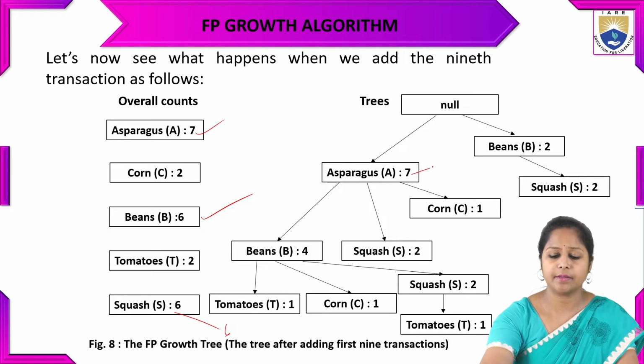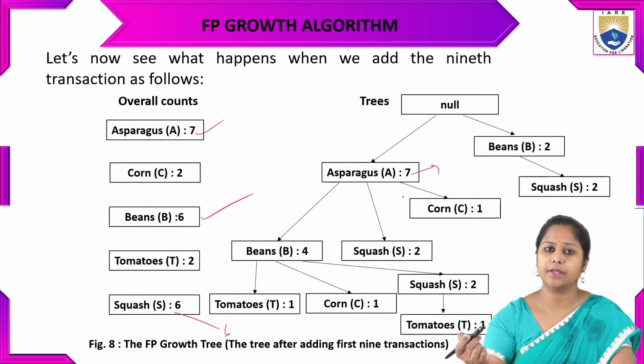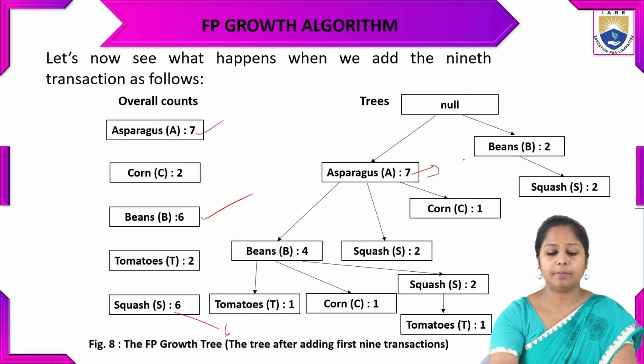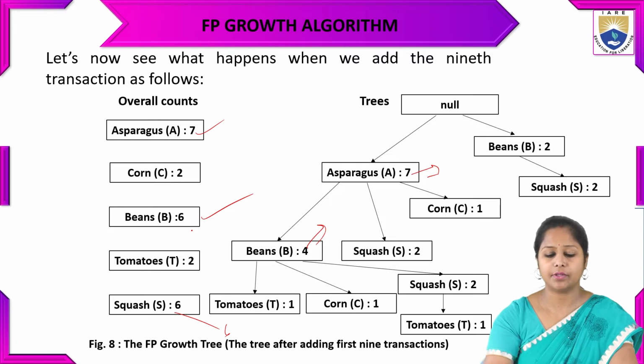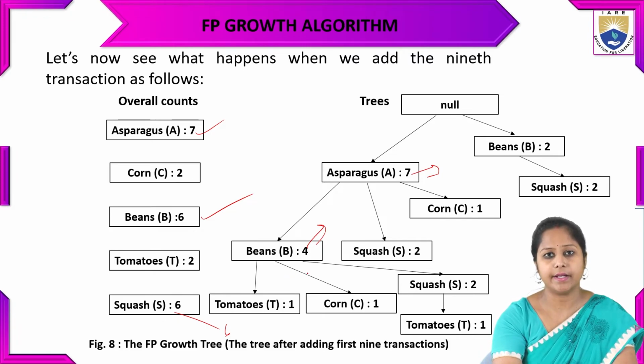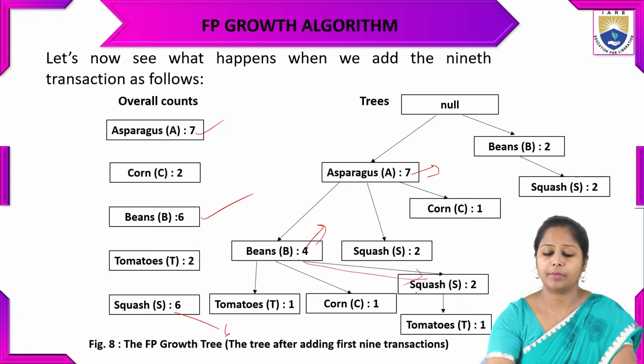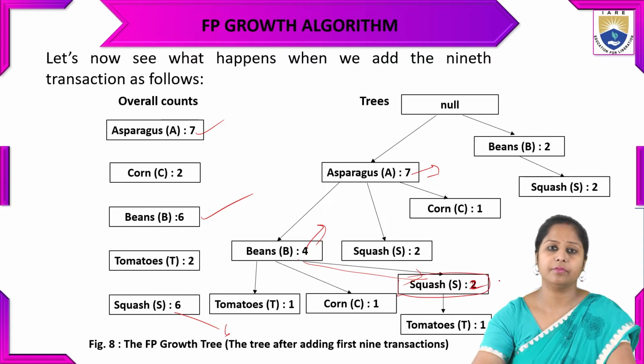Asparagus is there because that is a connecting node, so that has been increased from 6 to 7. Now the beans has been increased to 4 because it was 3 earlier. So now the beans is the second connecting node. From the second connecting node, the squash has been added already from the 8th transaction. So we will increase the count from 1 to 2.